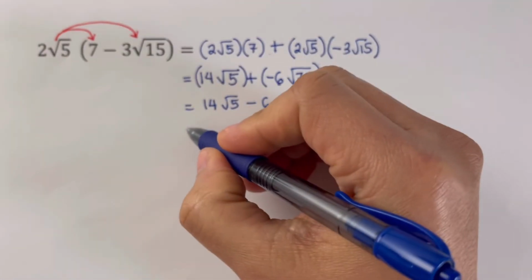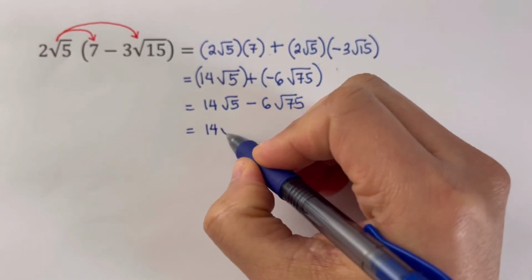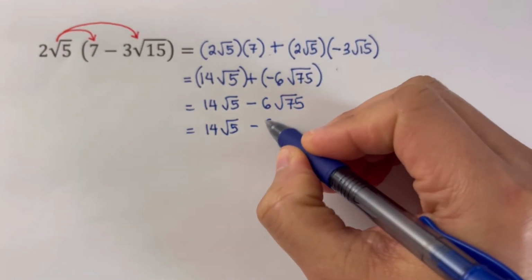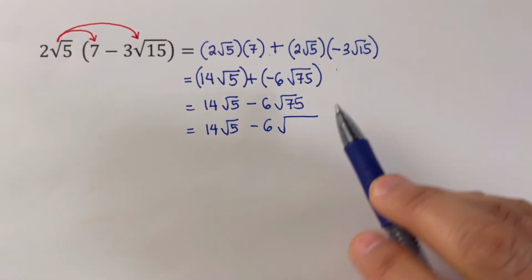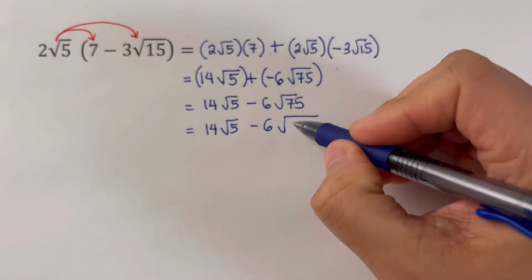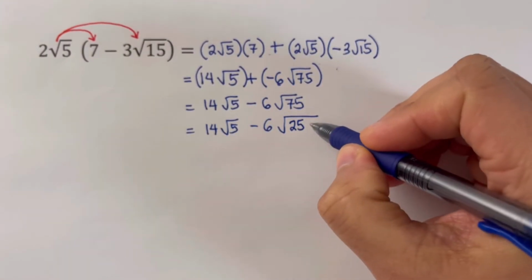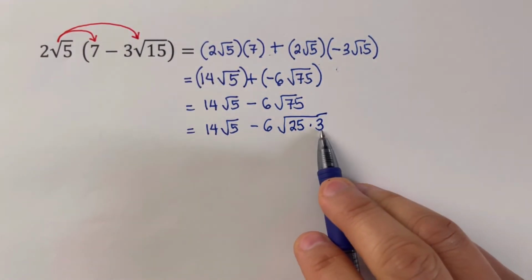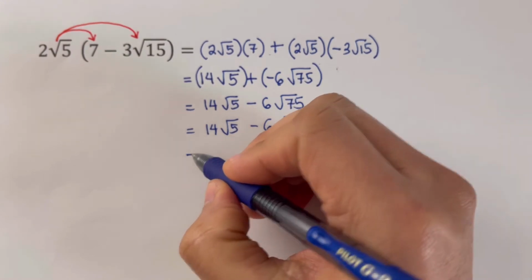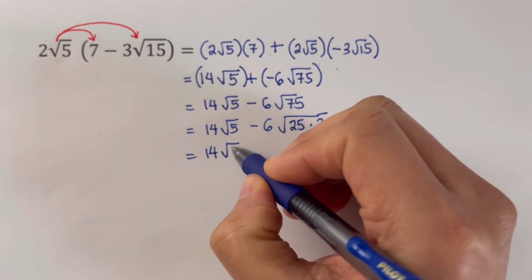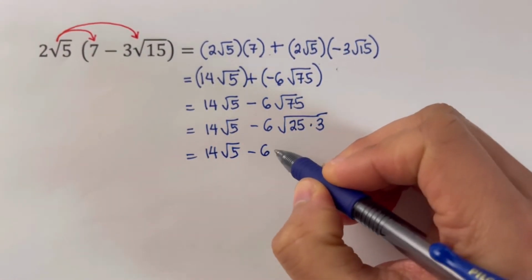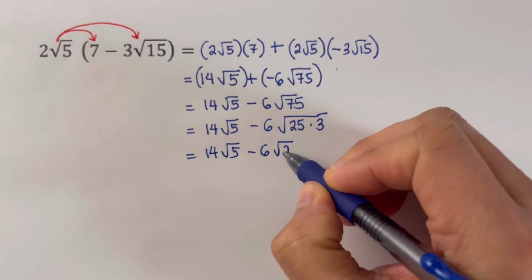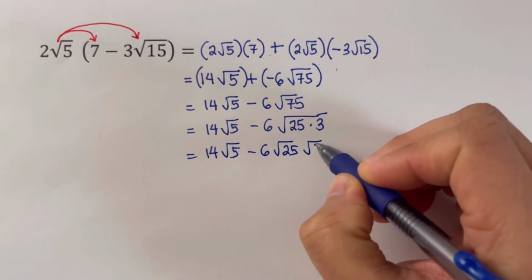So this square root of 75 can still be simplified further. We can go ahead and say that that is actually 6 square root of, the perfect square that goes with 75 is 25, and that's going to be 3. So that's the perfect square, and we got a 3. And so we go ahead and rewrite this as 14 square root of 5 minus 6 times square root of 25 times square root of 3.